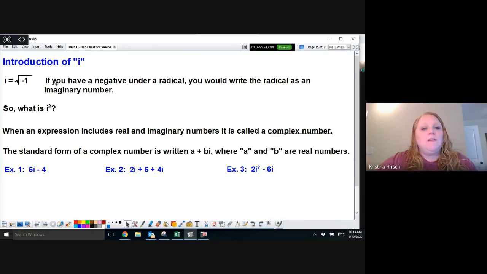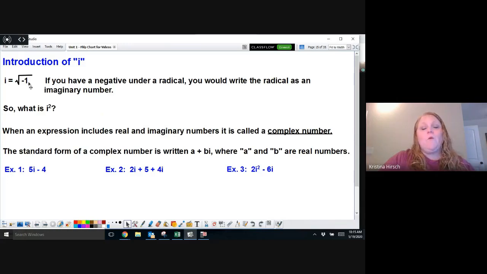Basically, if you have a negative under a radical, then you would write the radical as an imaginary number. So you would rewrite this. I is equivalent to the square root of -1. So I is not a variable. We sometimes treat it like a variable so that we can combine like terms and do operations with complex numbers, but it actually has a numeric value, just like pi.